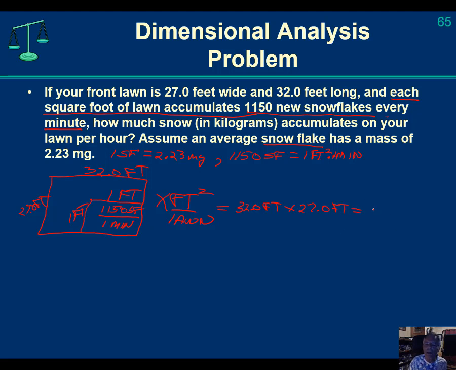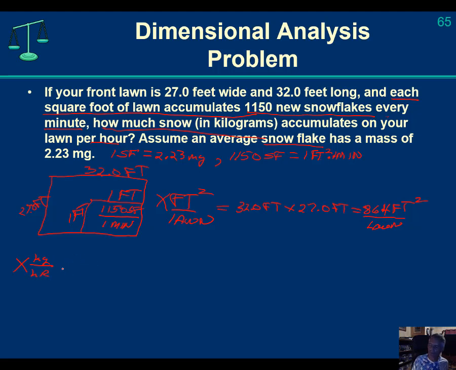And that gives me 864 feet squared. That's for my entire lawn. Okay, that's the whole smash. So what I'm interested in, what my X factor is, X, how much, that's the how much in kilograms per hour. So this is going to be kilograms of snow per 1 hour.